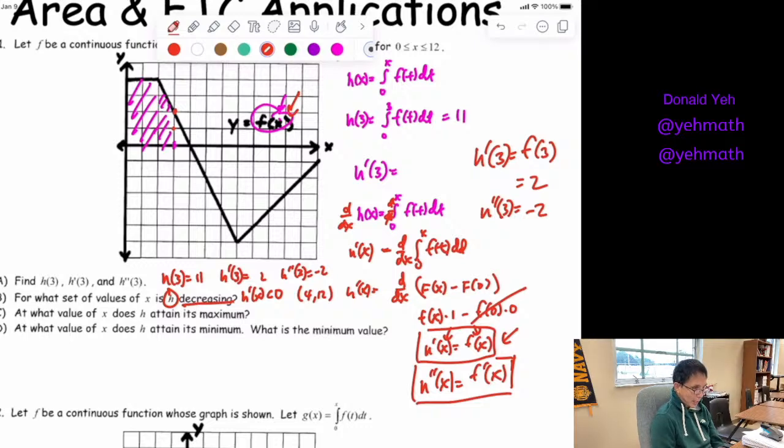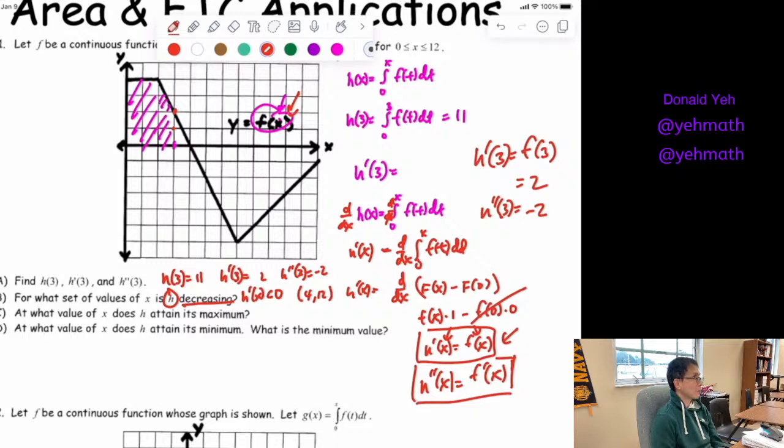Now, what value does h attain its maximum? What's the correlation when we see the graph is below the x-axis?